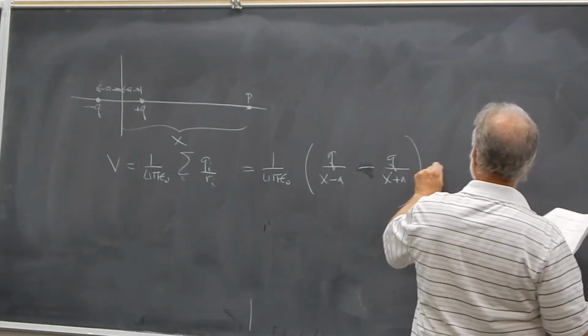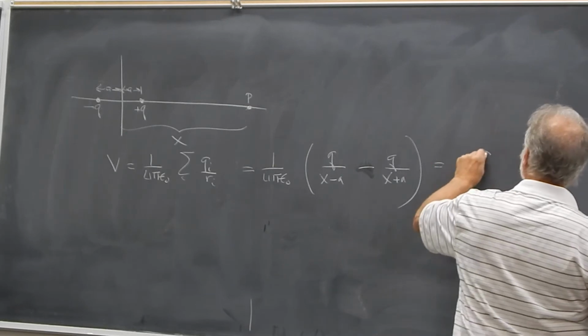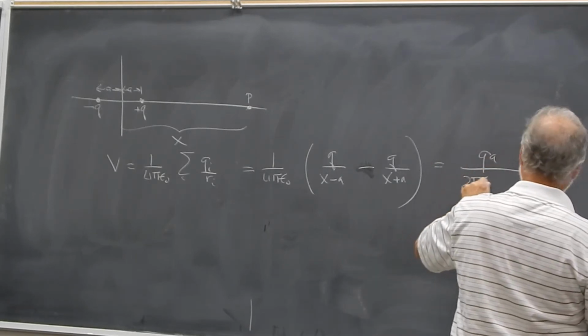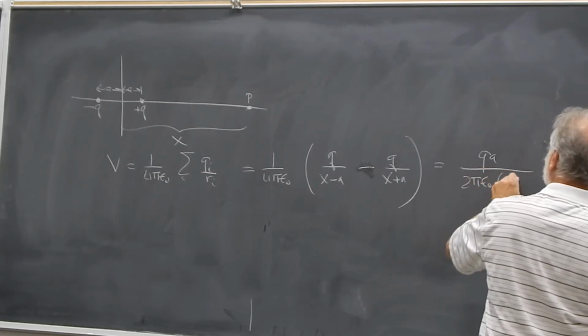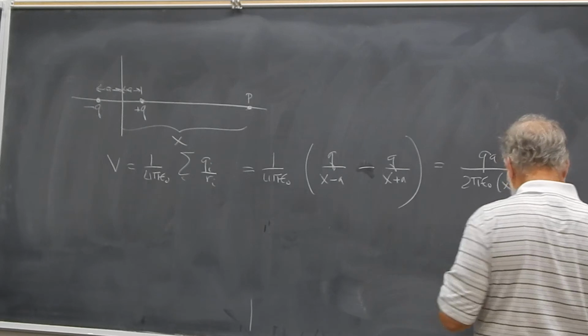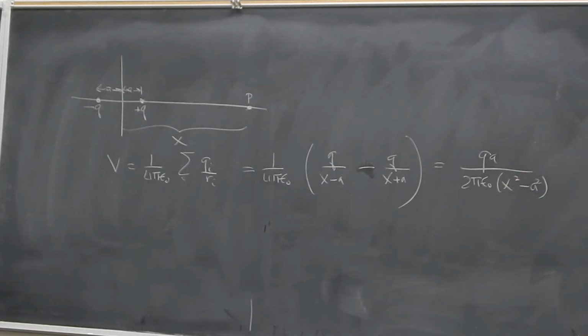If I get a common denominator, I'll get qa over 2 pi epsilon naught times x squared minus a squared. And so that's the electric potential due to an electric dipole at some distance along the axis.